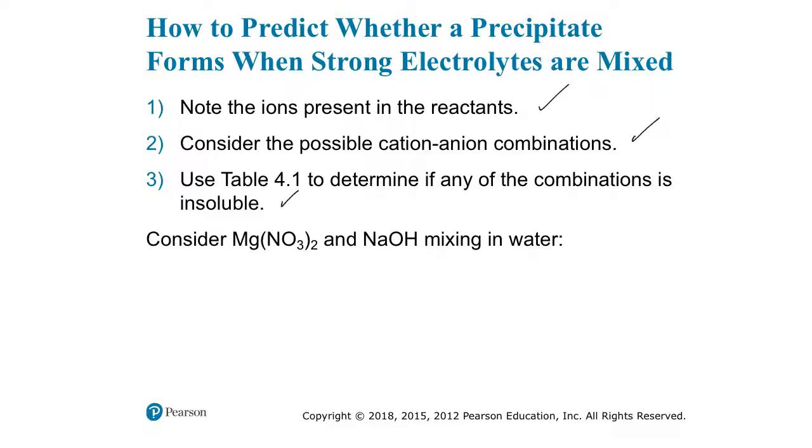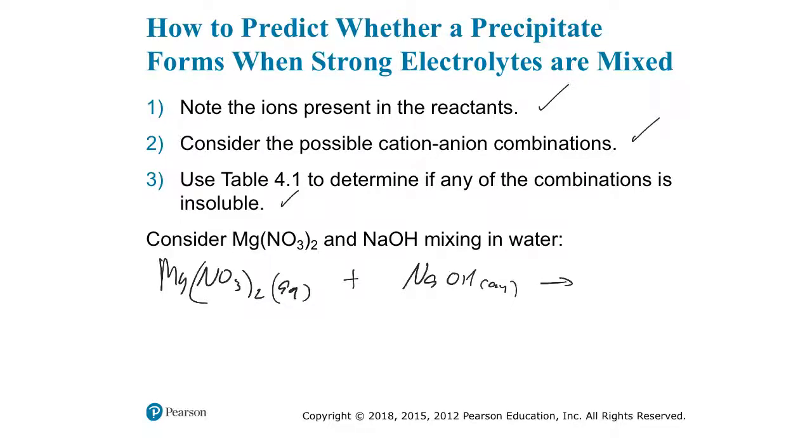So now let's consider the mixing of magnesium nitrate and sodium hydroxide and think about whether a reaction takes place here. We can think of this two ways. We're taking Mg(NO3)2, water soluble. It's a nitrate, so we know it's water soluble. NaOH, also water soluble.